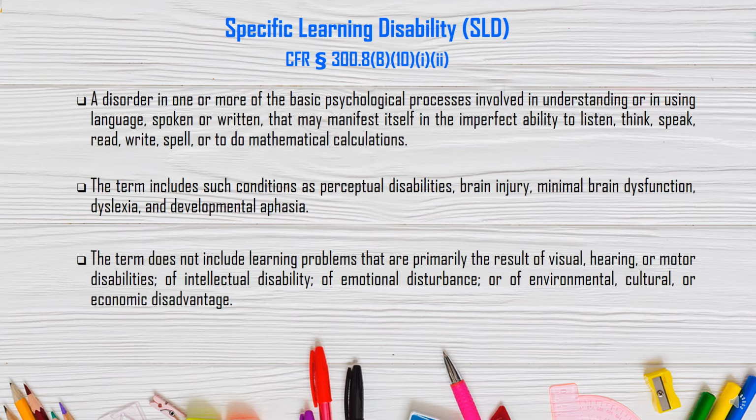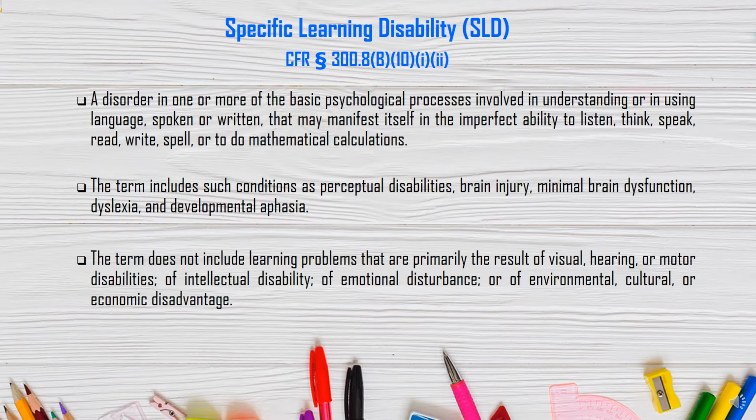So what is specific learning disability, or SLD? It's a disorder of one or more basic psychological processes involved in understanding spoken or written language that impacts students' ability to listen, speak, read, write, spell, or do math calculations.